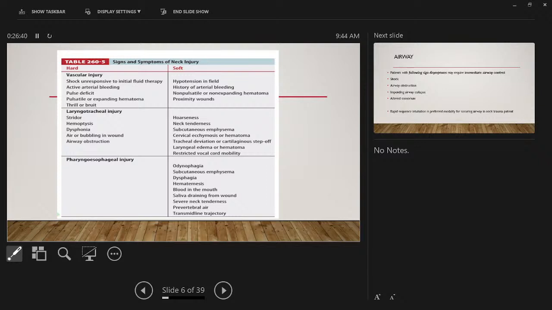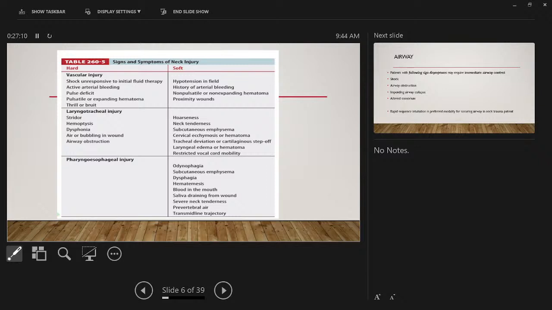And in laryngotracheal injury, it is subcutaneous emphysema which is non-expanding, laryngeal edema, cervical ecchymosis or edema, hoarseness, neck tenderness, and tracheal deviation or cartilaginous step-off.